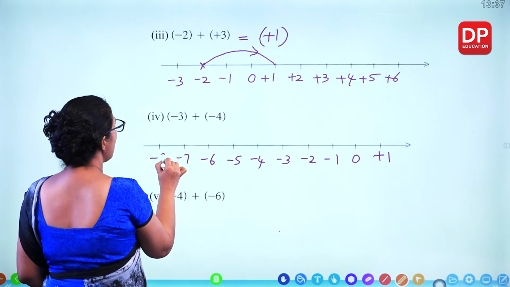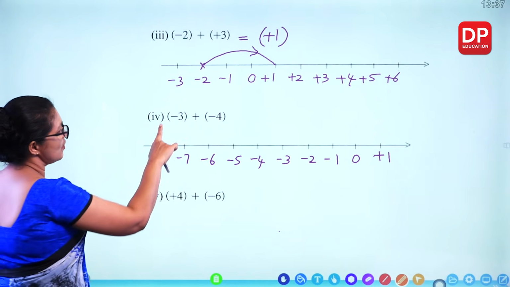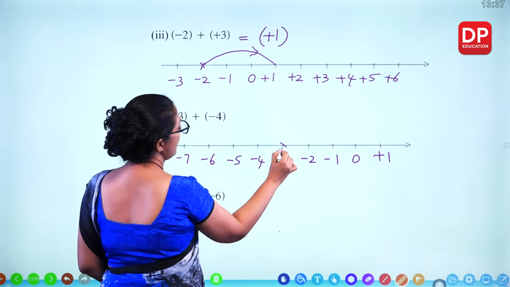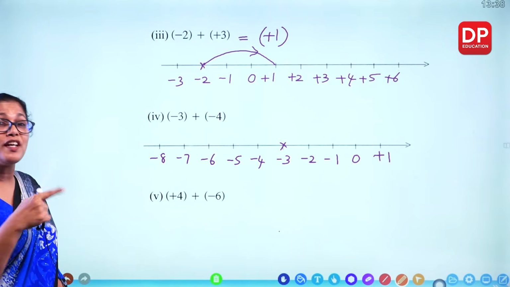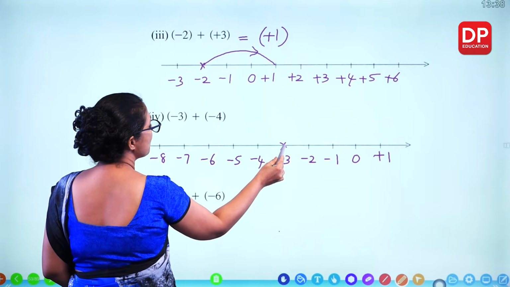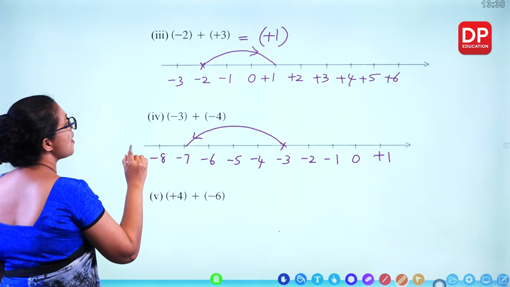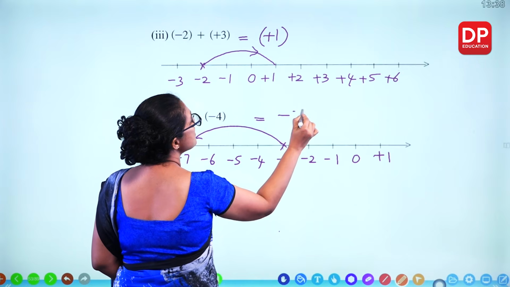You need to decide what are the numbers you need. So here minus 3 is the starting point, and here this is left means you need more minus values. So 4 places to the left. 1, 2, 3, 4. Answer is minus 7.